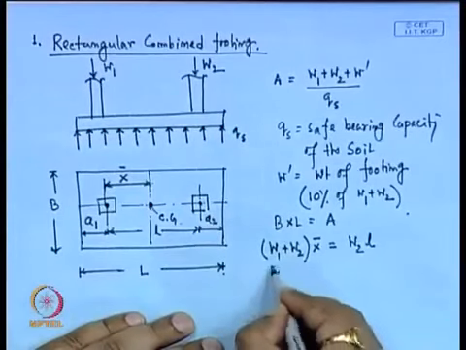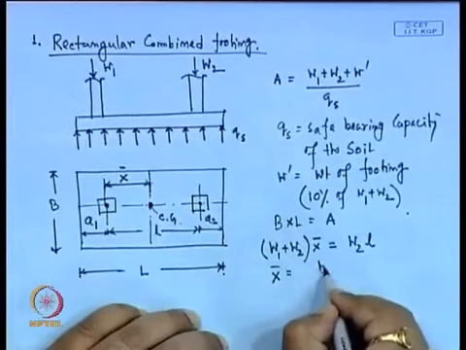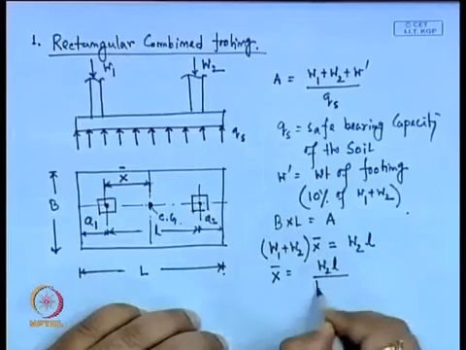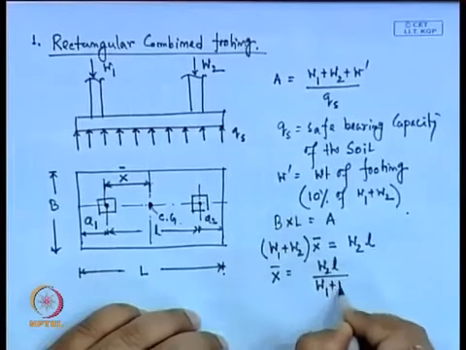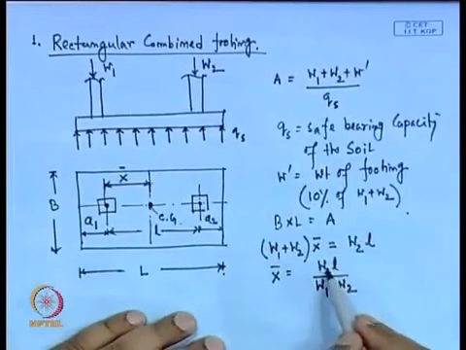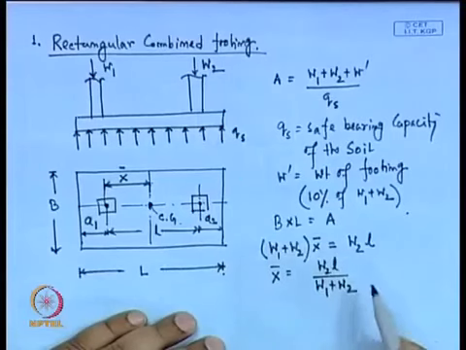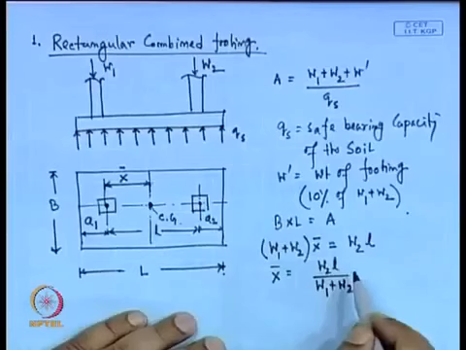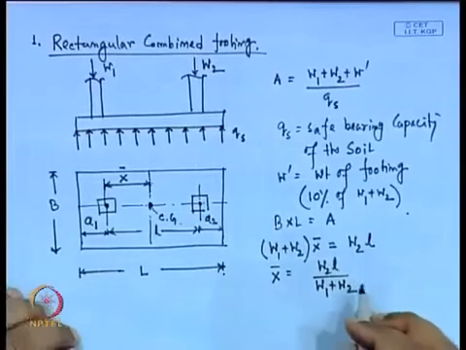So x bar will be W2 into L divided by W1 plus W2. Here W1, W2 and small l are all known.